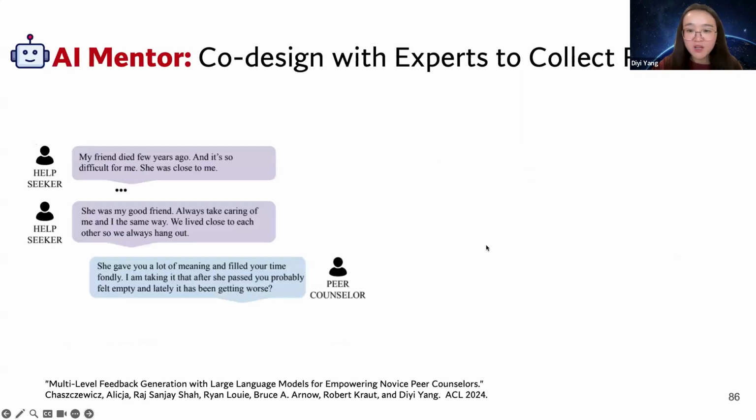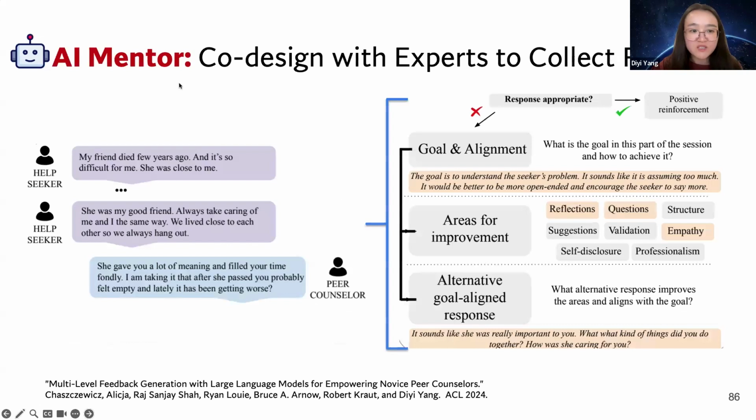Not only from an AI patient perspective, if you think about building an AI mentor, we again work with domain experts and design this framework to give feedback. So we will highlight the goal or alignment, point out areas for improvement, as well as give them some goal-aligned responses.